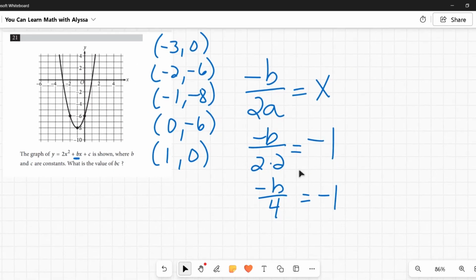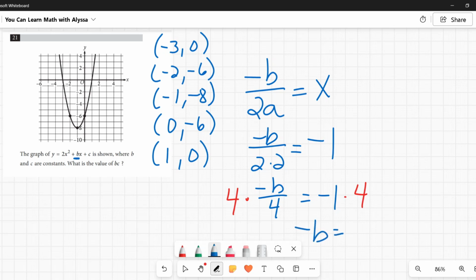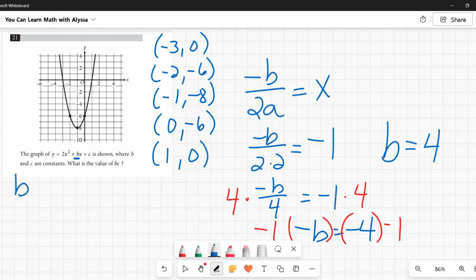So I'm going to multiply both sides by 4 to get rid of that dividing by 4. And I get -b is equal to -4. So I just multiply both sides by -1 to get rid of those negatives. And I get that b is equal to 4. So, okay, now I know b is 4.